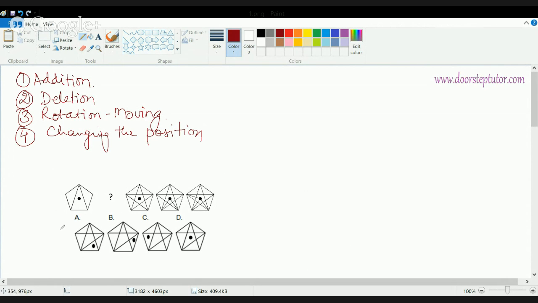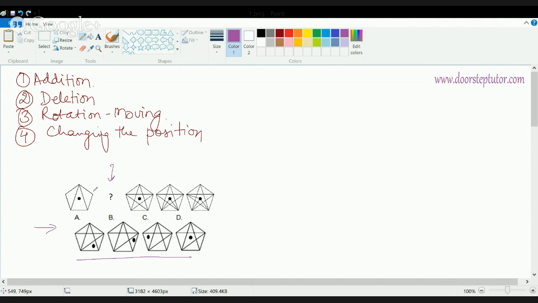So in the first question, the diagram shows a flow of pentagons, with each pentagon having a dot in the center. The missing figure here would be a pentagon, obviously, because all of these are pentagons. If we look at the choices A, B, C, and D, all of them are pentagons.